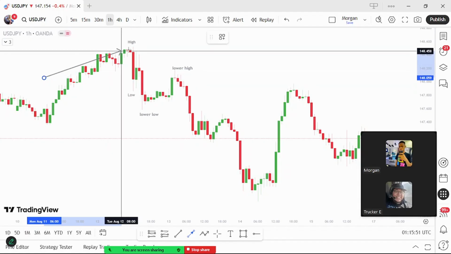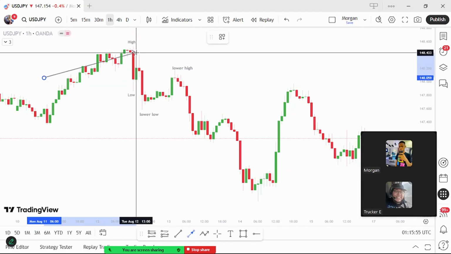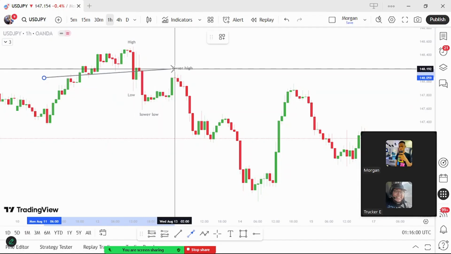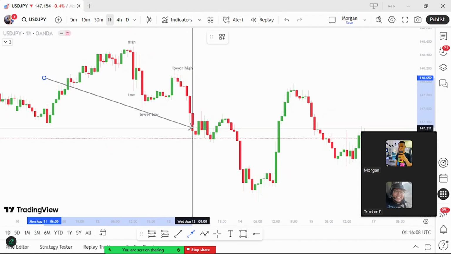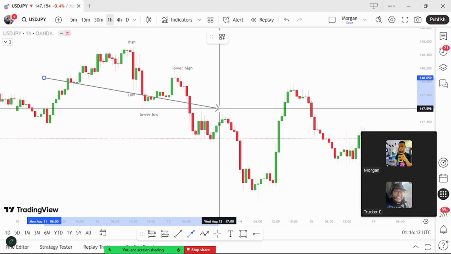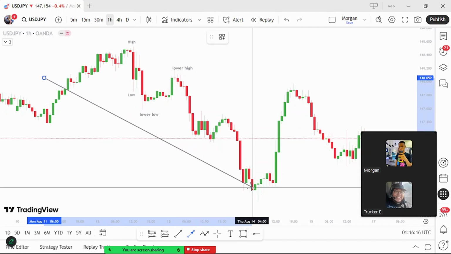So now we have a high and we have a low. Then price made a lower high here, made a lower low, made a lower high respecting this previous lower high. Make sense? Then made a new low, right? After making a new low, I'll say this is the lower high, and then makes a new low.